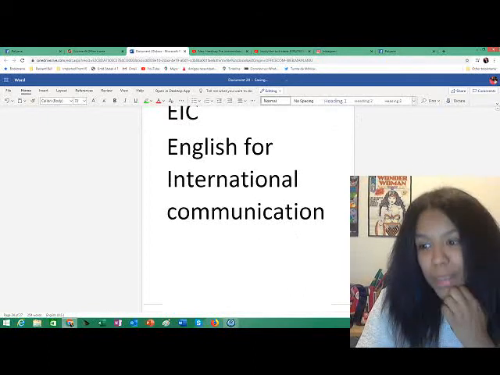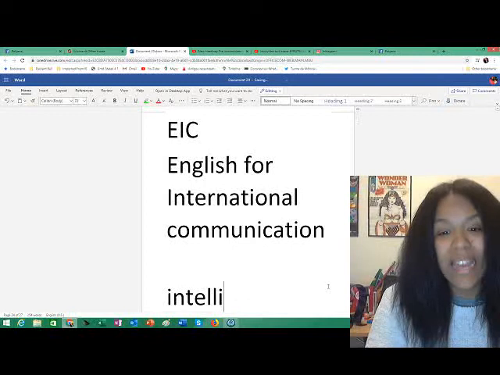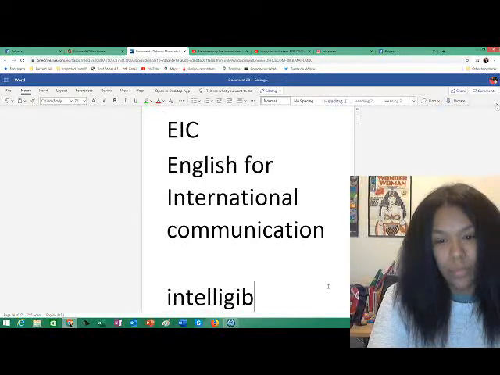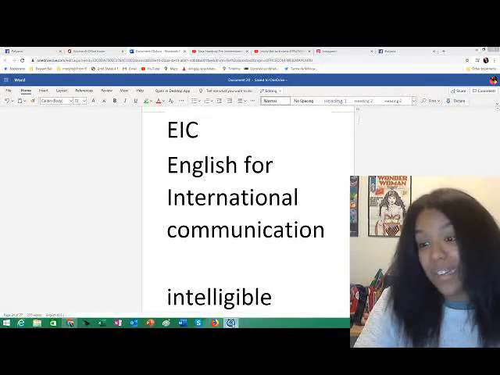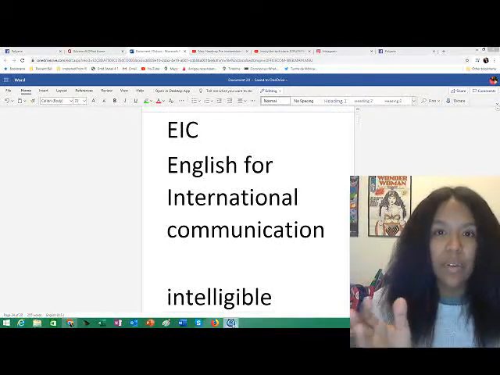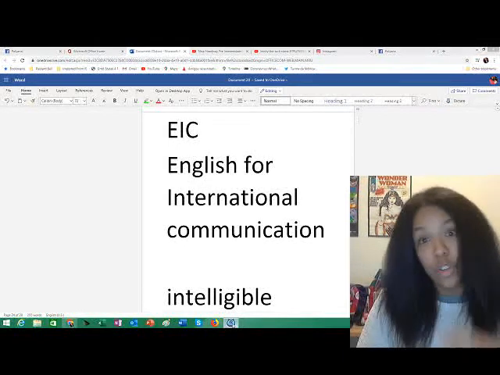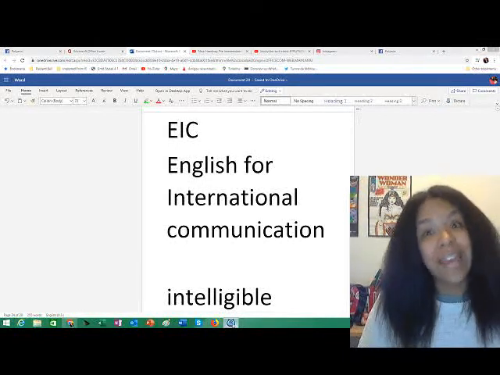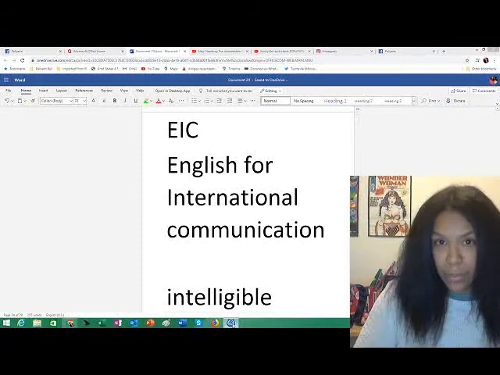And what that means is that your pronunciation has to be intelligible. People have to be able to understand you. So it doesn't really matter if you choose British pronunciation or American pronunciation, or if you have a thick accent from another language. As long as people understand you, you're speaking English for international communication.